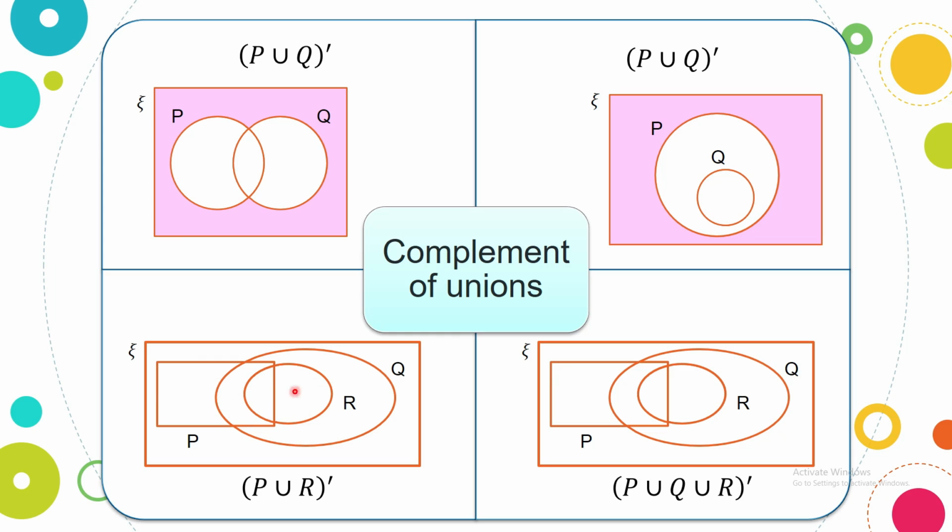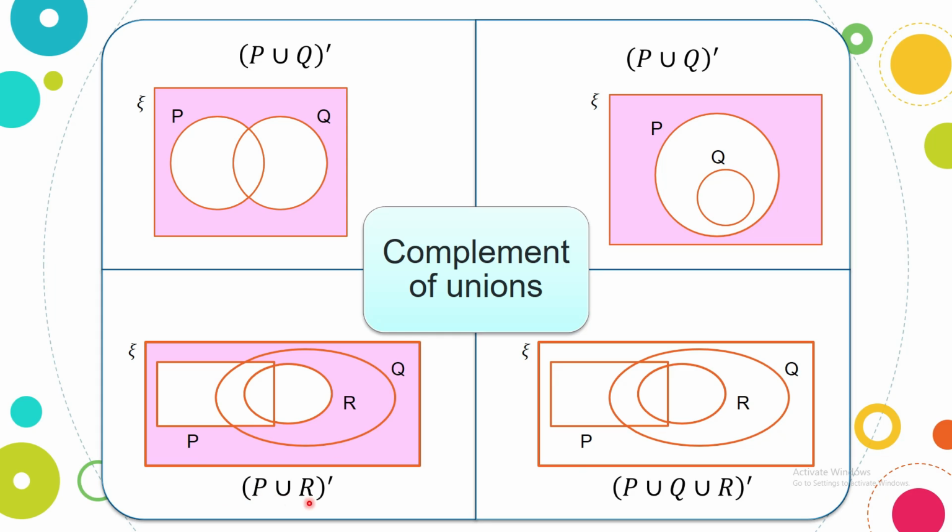But this is the complement of union, so it must be not an element of set P union set R, so it must be out of this region. So we shade like this. It is not an element of set P union set R.